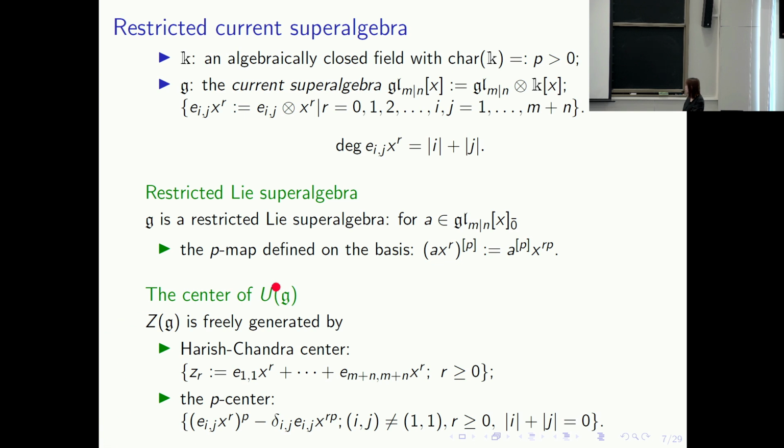Then we can prove the center of the universal enveloping algebra is generated by the Harish-Chandra center and the p-center. It is not very difficult. Its proof is very similar to Brundan and Kleshchev's and Goodwin's work.